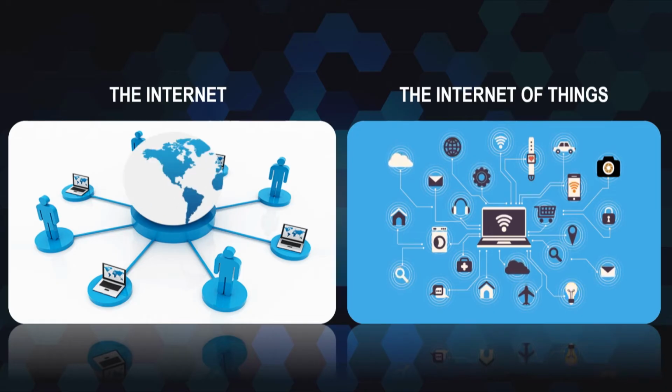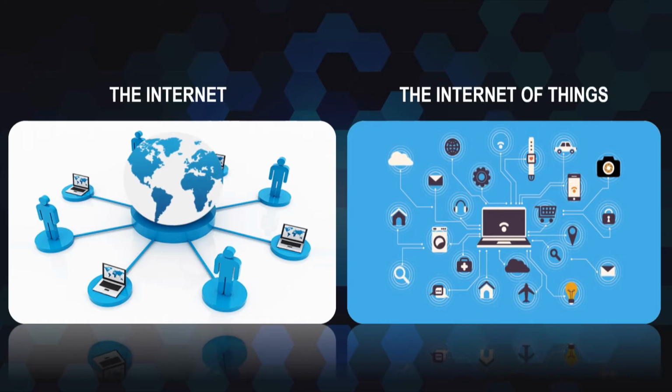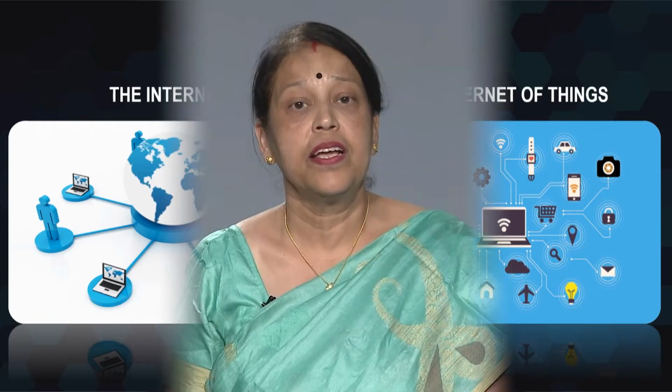That may include the mobile, your TV, any LCD display, the microwave, washing machine, your car, any other system which you are using in your daily lives. So, that is the basic difference between the Internet and Internet of Things. By the name only you can understand that the Internet is basically the connectivity among computers and the Internet of Things is the connectivity among all the things.